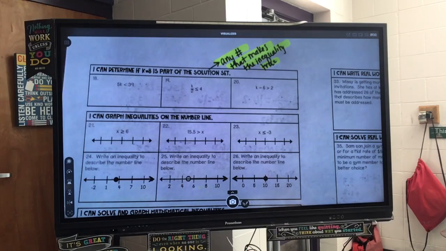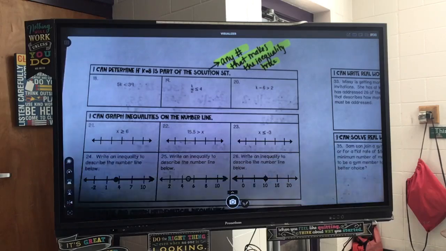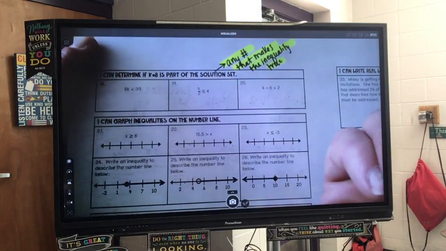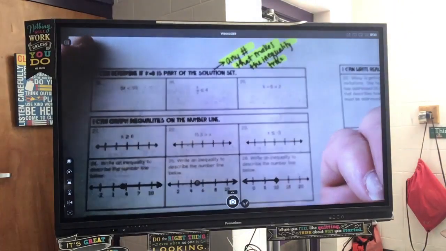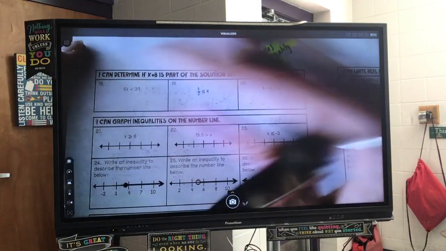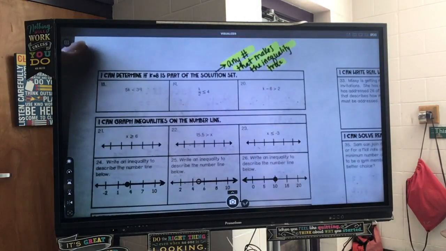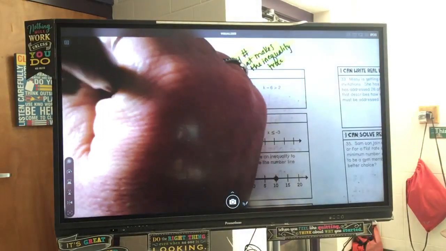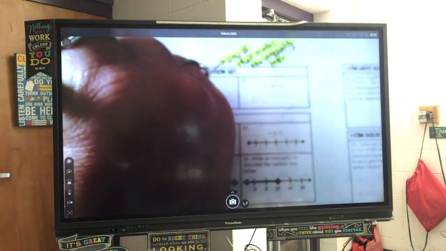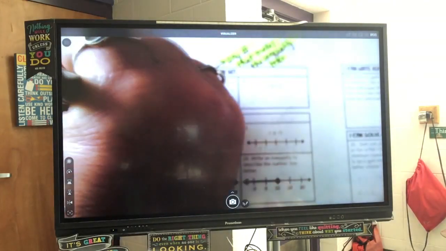Zoe? Yes, ma'am. Alright, so this says 5K is less than 39. What operation is going on between 5 and K? Even if you haven't got this far, still try to participate as much as possible. Emma. Multiplication. So the opposite is division, so I'm going to divide by 5, so I should do 39 divided by 5, gives me what?